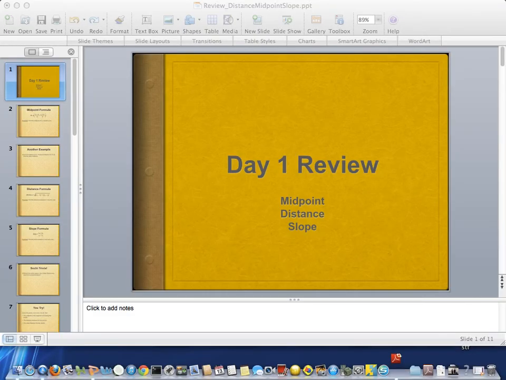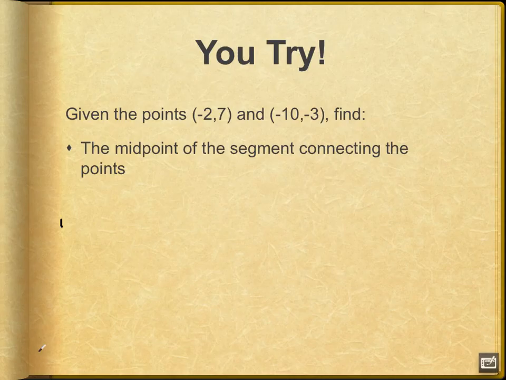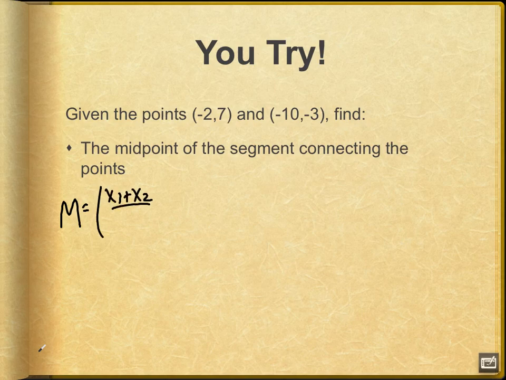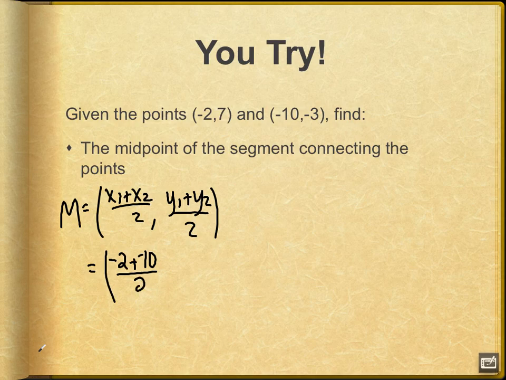Okay, first one, midpoint. I'm going to start by writing the formula. If you start with the wrong formula, you're going to get the wrong answer. Okay, so midpoint is add your x's divided by 2, add your y's divided by 2. So my x's are negative 10 and negative 2. My y's are 7 and negative 3.